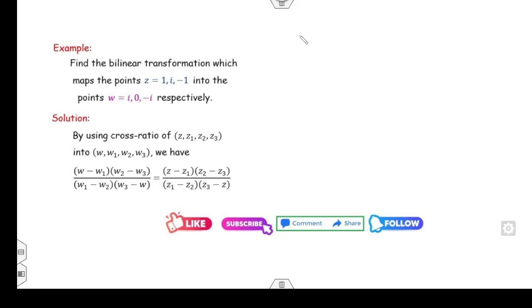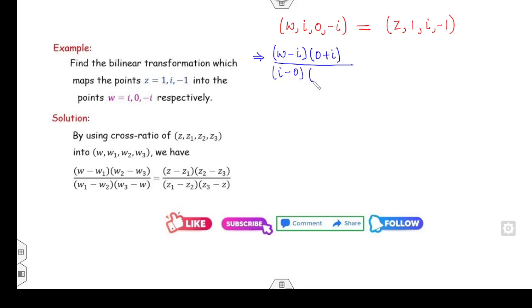I can start with the general notation: W is iota, 0, minus iota, and Z is 1, iota, minus 1. So can you write the cross ratio corresponding to the first case? It will be (W minus iota)(0 minus minus iota) over (iota minus 0)(minus iota minus W).